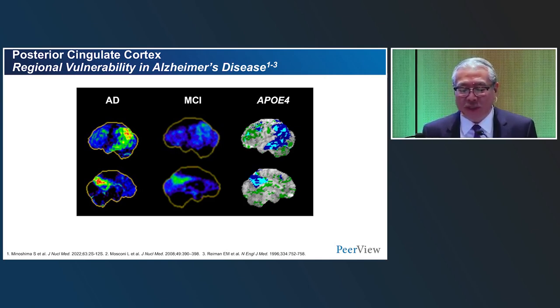In between is the primary sensorimotor cortex, which is relatively preserved even in the late stage of Alzheimer's disease. But we also discovered that the posterior cingulate cortex and precuneus are affected in the very early stage of the disease. This is better appreciated on the statistical map than the visual transaxial map, but you can remember this structure next time you're looking at an FDG scan.